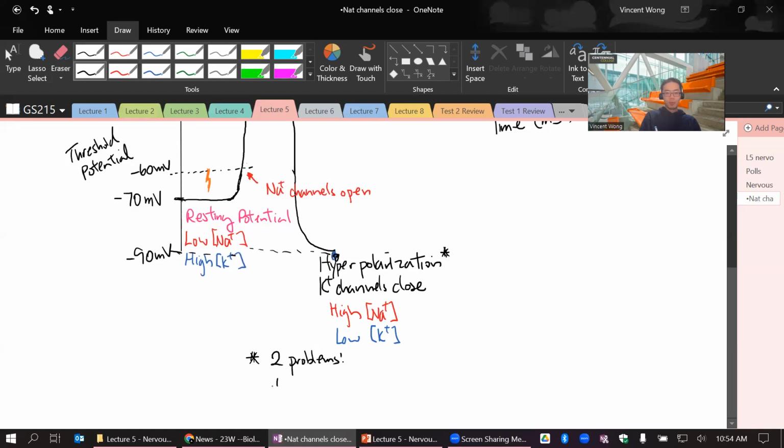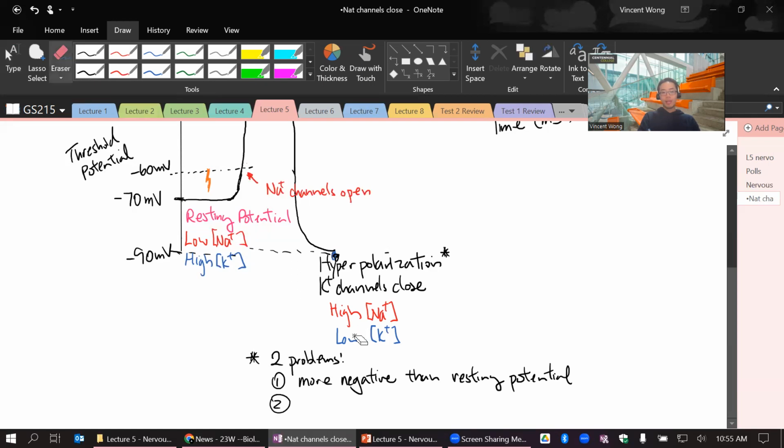Number one, we are more negative than resting potential. That's a problem because in order to reach the threshold again, you would need a difference of 30 millivolts. That's too high, it's hard to get to that point. So we're more negative than resting potential.